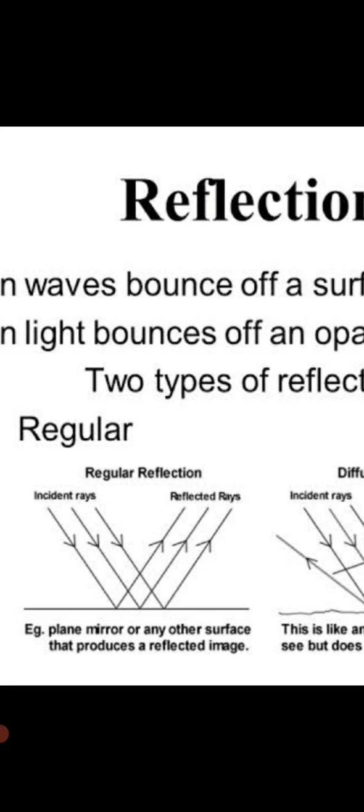Here the incident ray and the reflected rays are parallel to each other, and the reflected rays are evenly moving in one direction. So the image so formed can be seen in the reflecting surface. Some examples of regular reflection are plane mirror, unused stainless steel plates, and water.